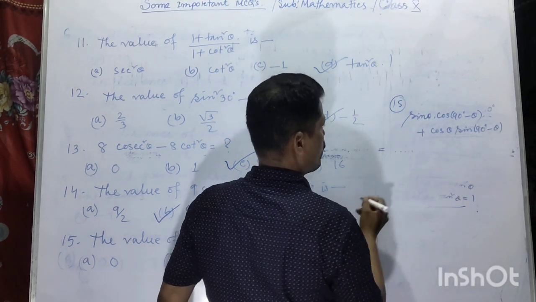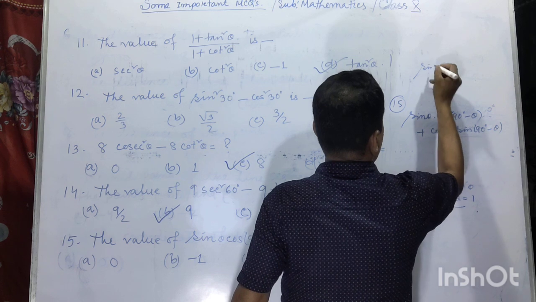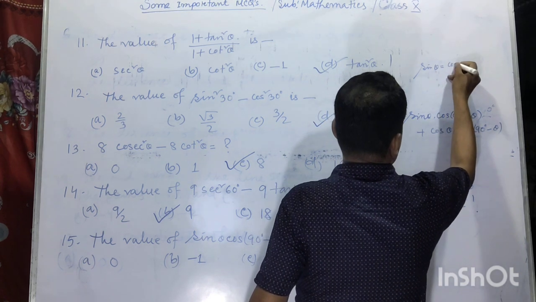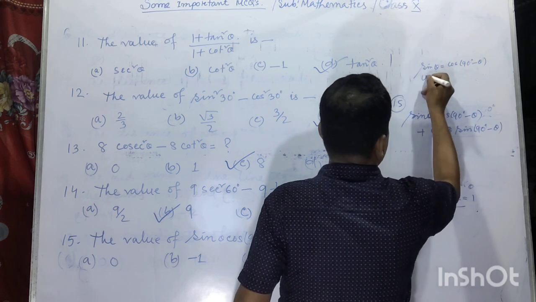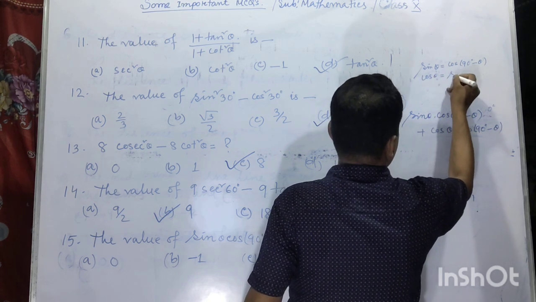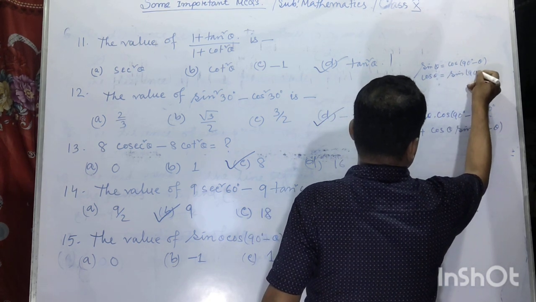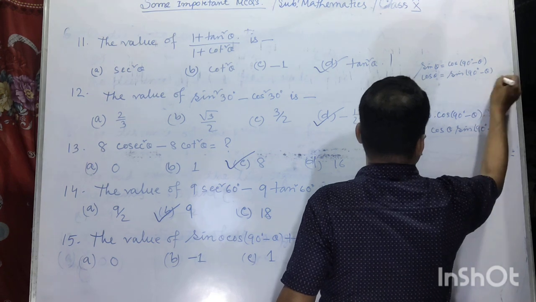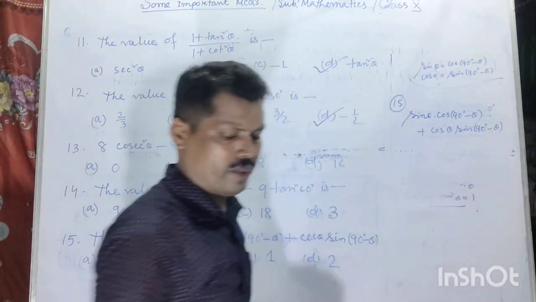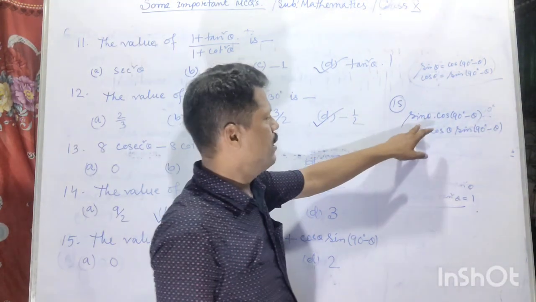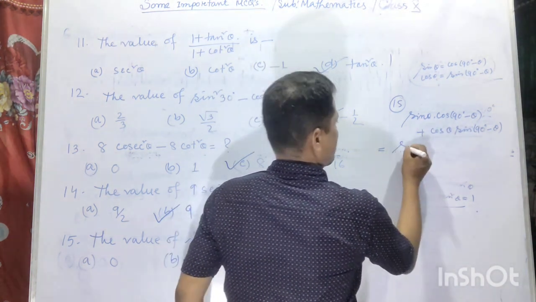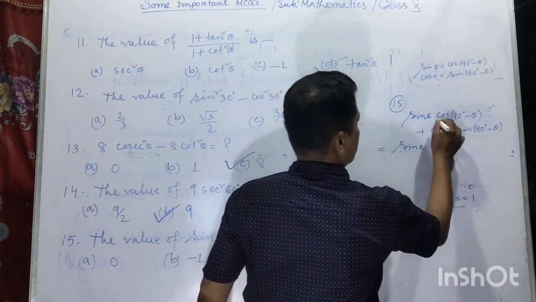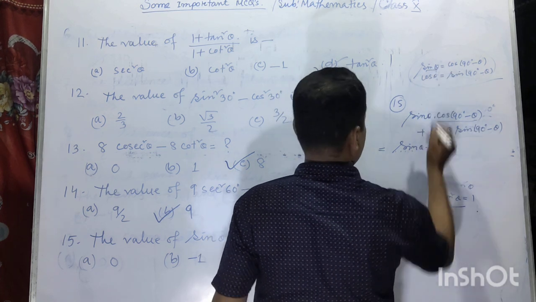So here we know sin theta is equal to cos 90 degree minus theta, and cos theta is equal to sin 90 degree minus theta. We know this. So from here we can find out sin theta into cos 90 degree minus theta. This means sin theta is already there, and in this part we can write sin theta.